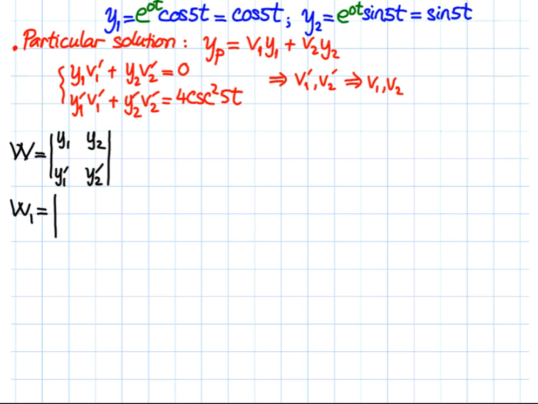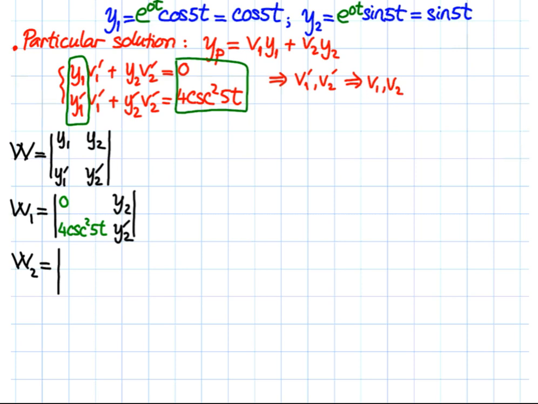For W1, we will replace the first column with the right-hand side column, so we will have 0 and 4 cosecant squared of 5t, and y2 prime stays where it is.